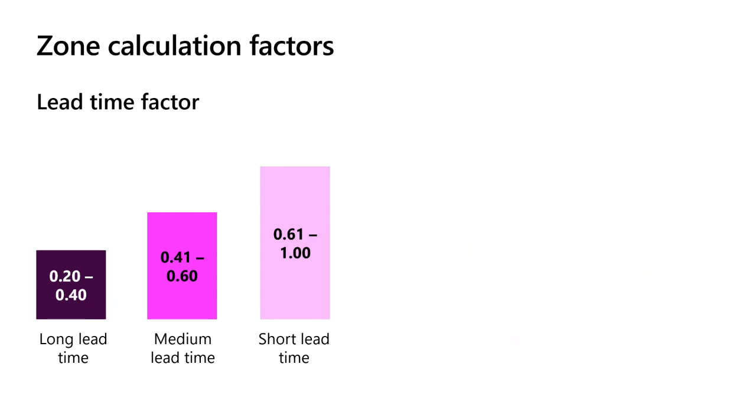The value ranges from 0 to 1, and the guidance is that the longer the lead time is, the lower the value should be. And the ranges presented here are the ranges that the Demand-Driven Institute recommends. In our pillow example, we have a medium lead time, and we will use 0.5 as our lead time factor.